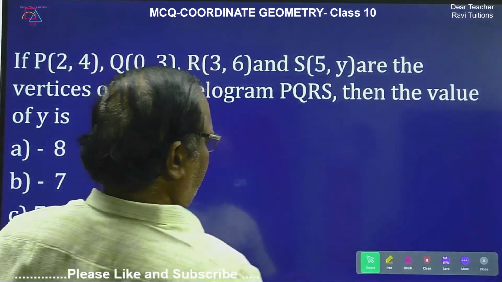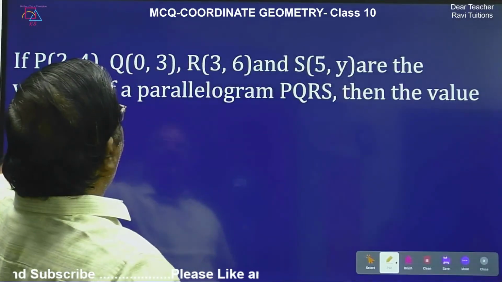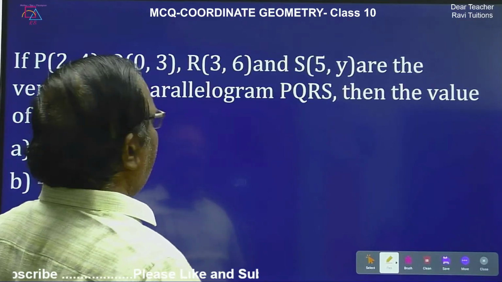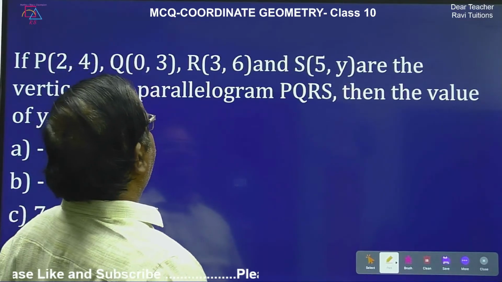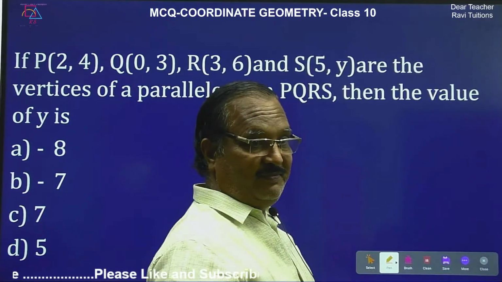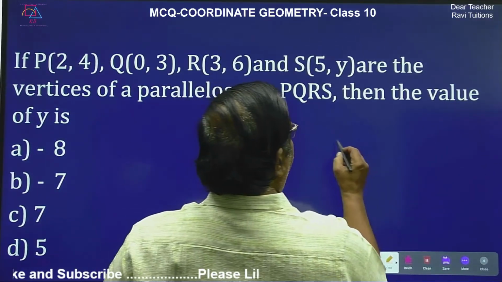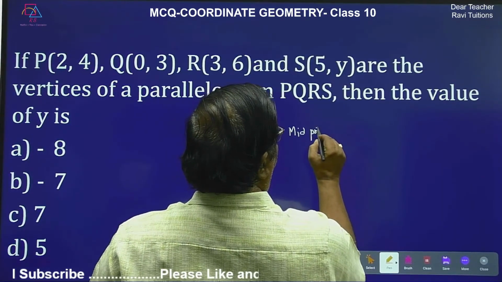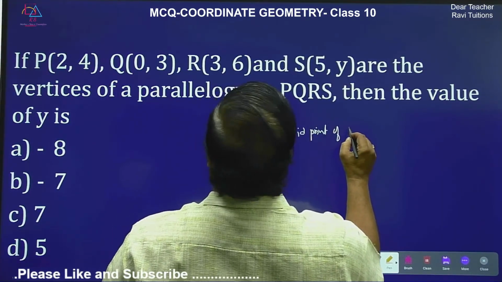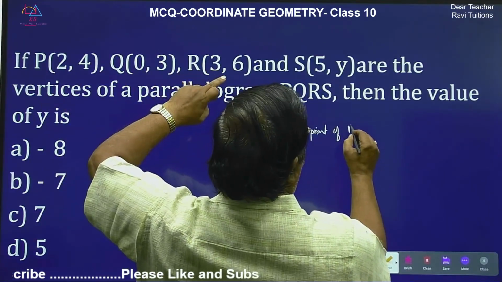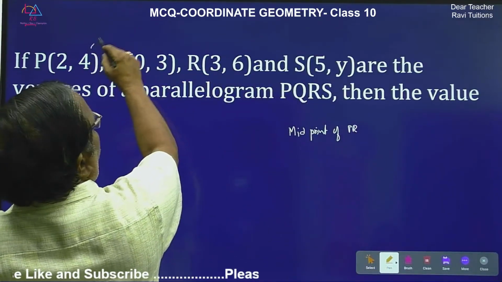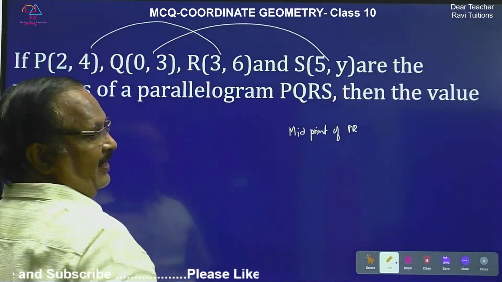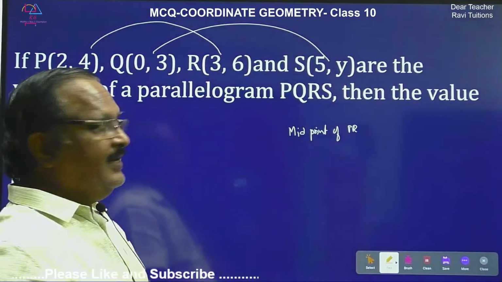So now P, Q, R, S are the vertices of a parallelogram. Then the value of y. So here that means midpoint of PR, diagonal, PR is one diagonal, QS is one more diagonal, alternate points diagonal.